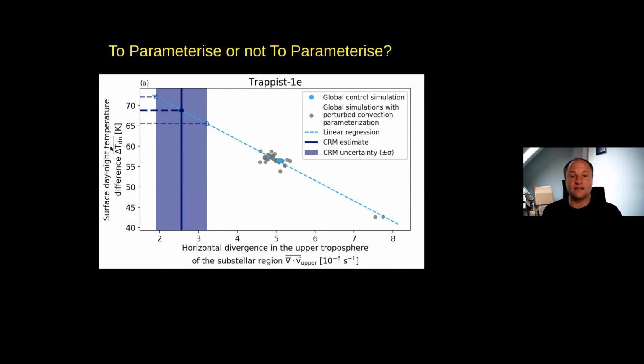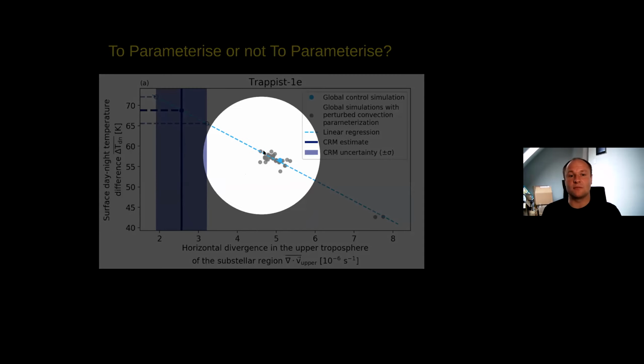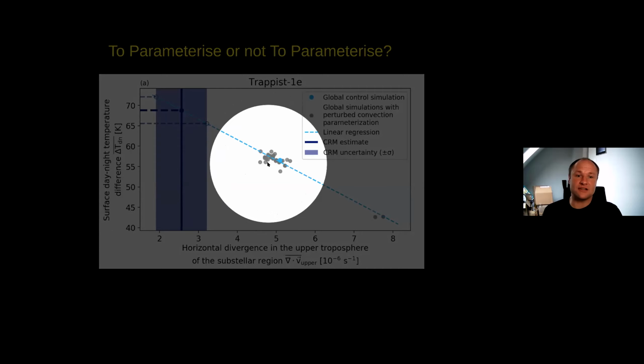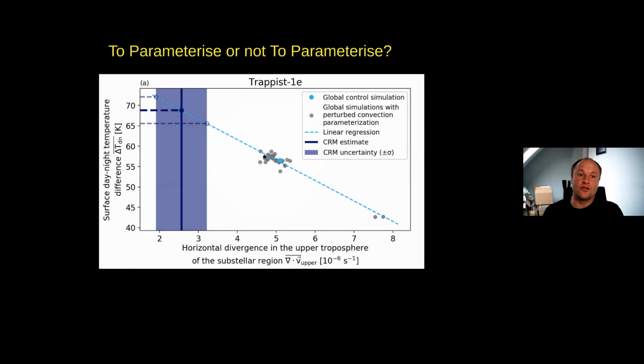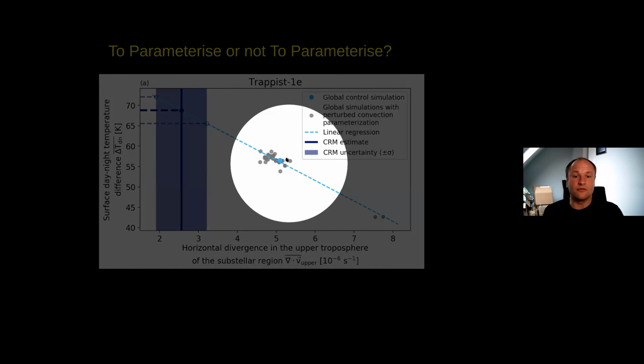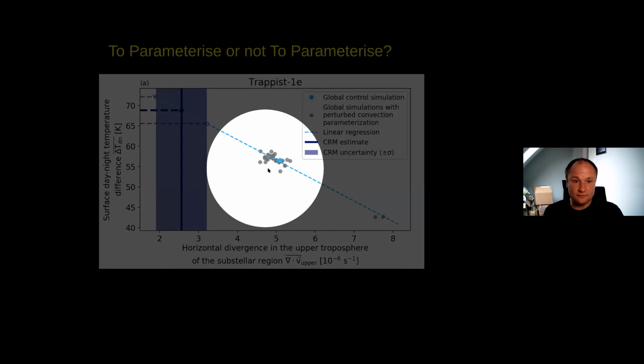And all these different simulations are little simulations with different perturbations, etc. And we found that actually the global simulations all have a fairly similar level of day-night heat redistribution.